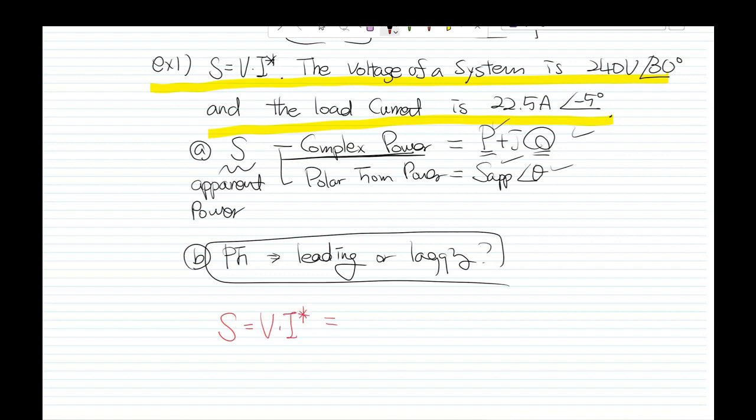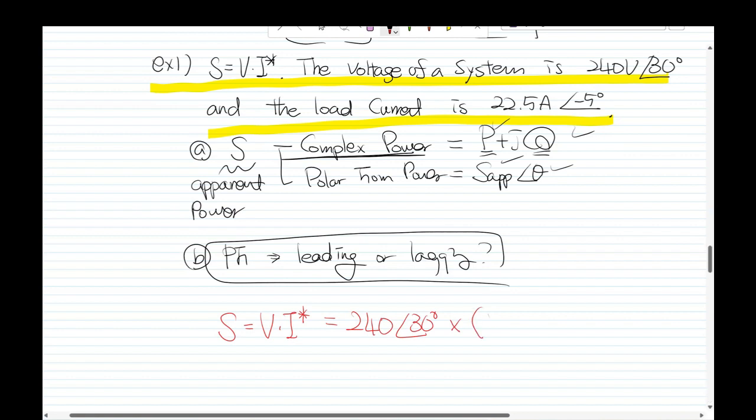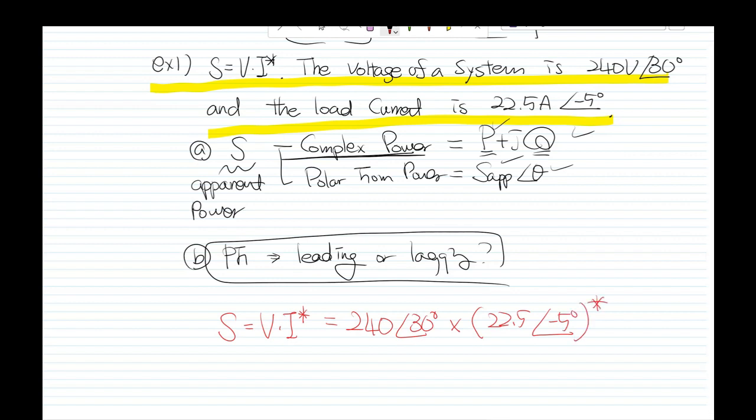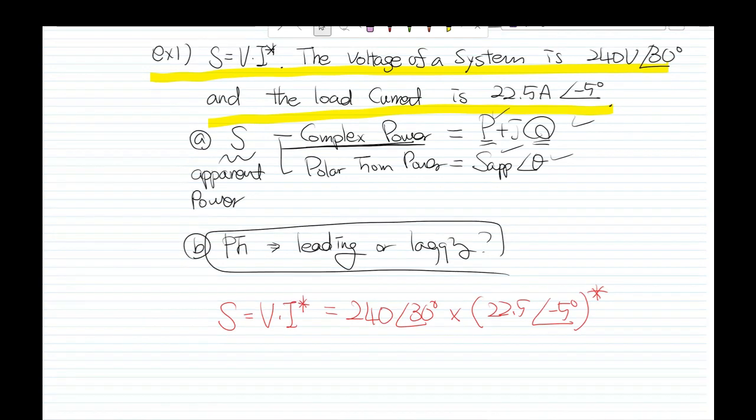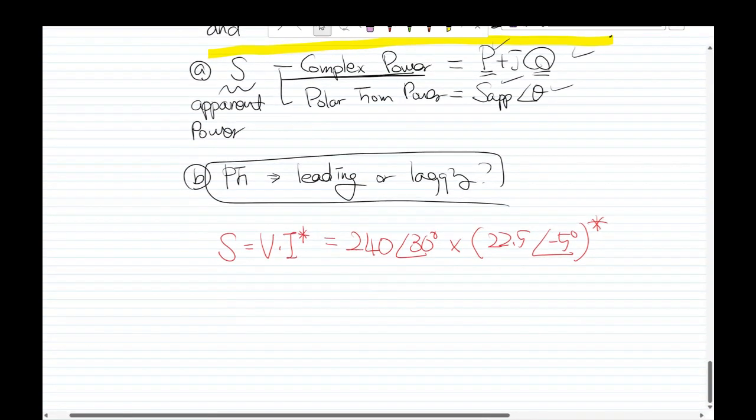So what is V? V is 240 volts at 30 degrees, multiplied by I, which is 22.5 at minus 5 degrees, conjugated. Okay? Any questions so far? If you have any questions, please let me know, okay?